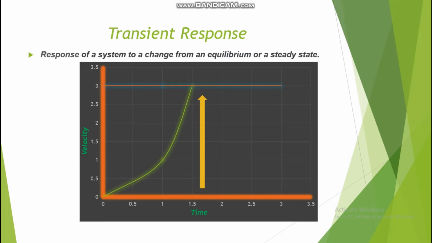So it is the response while changing from one equilibrium or steady state to another, as in this case the first steady state was the velocity of 0 units and the second steady state was the velocity of 3 units. So the response while this change happens is the transient response.